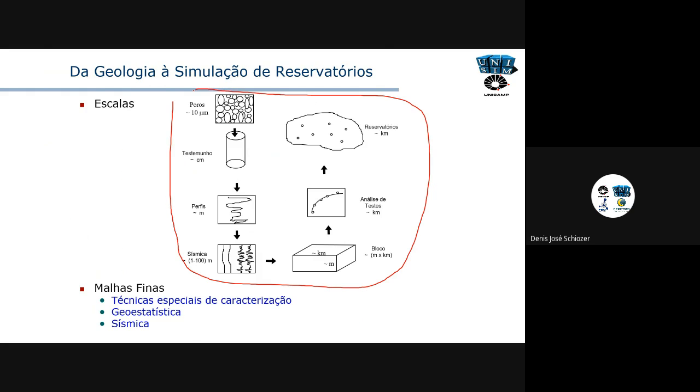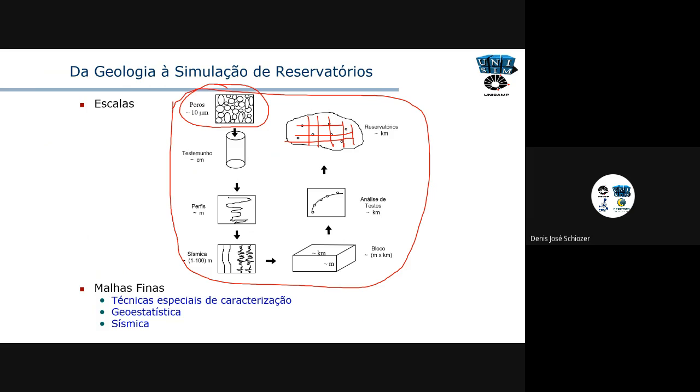And one of the basic problems we have in the reservoir simulation area is that we are trying to model a physical thing that's happening in the porous media, and our blocks are very large compared to what we are modeling.